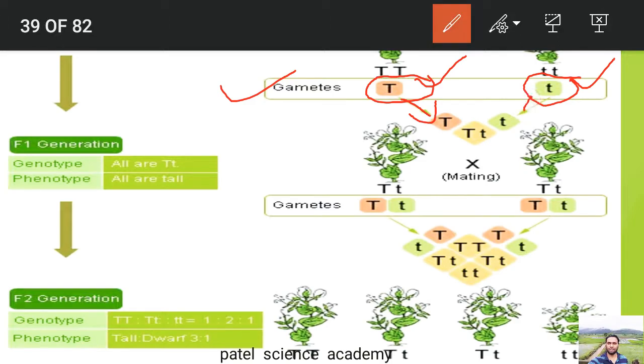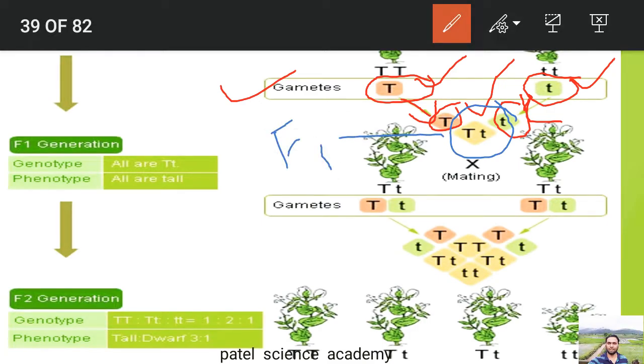When capital T fuses with small t, we get this result, capital T small t. This is their first generation, called the F1 generation.